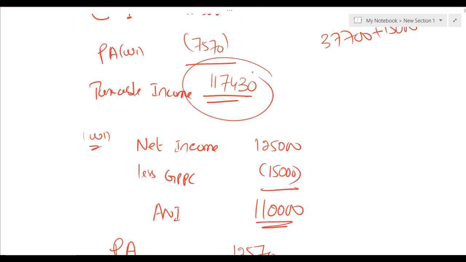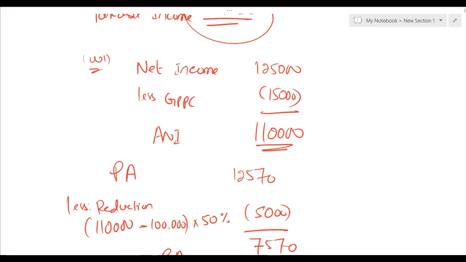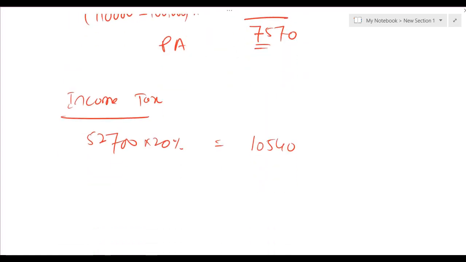From this taxable income 117,430, we just need to deduct 52,700. So in higher rate, we need to tax 64,730 into 40%.